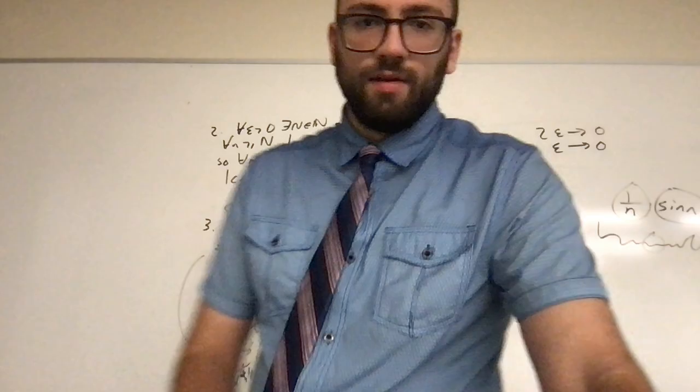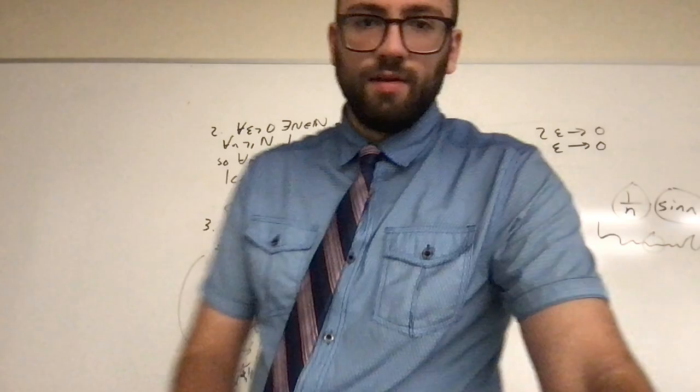Maybe a better way to do this is to go here and say the whole argument should probably start with: for all epsilon greater than 0, there exists an N natural number such that for all n greater than or equal to N, and I should name these like N1 maybe.